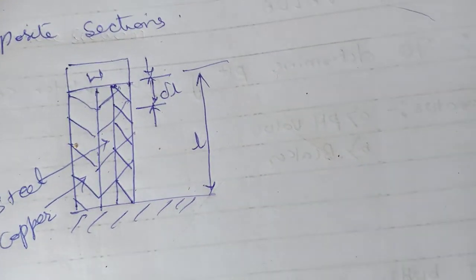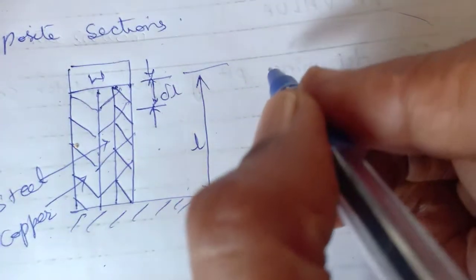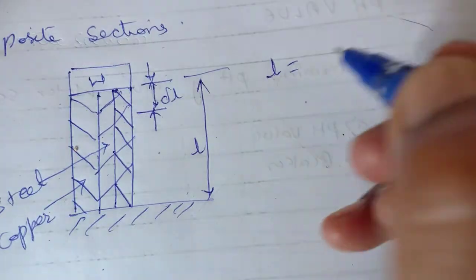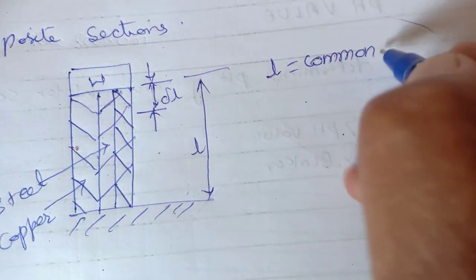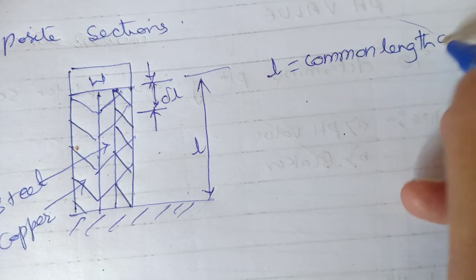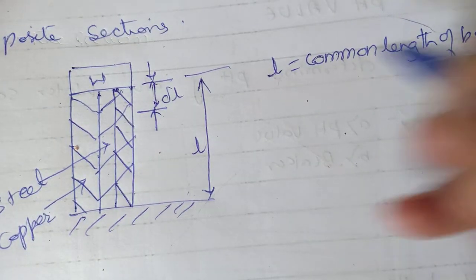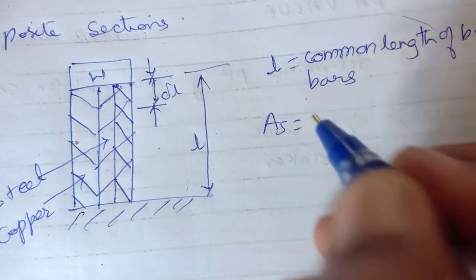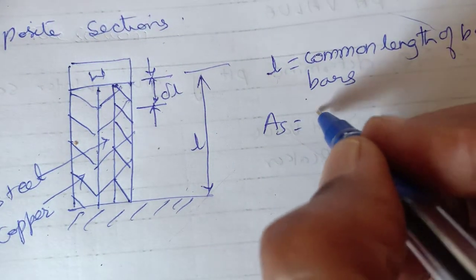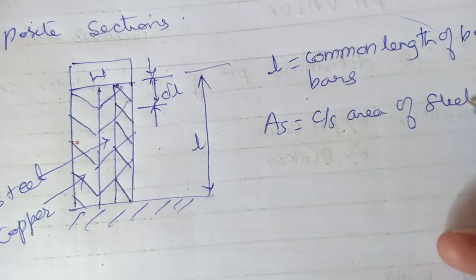So let us give the notation. Small l is common length of both the bars. AS is the cross-sectional area of steel rod.